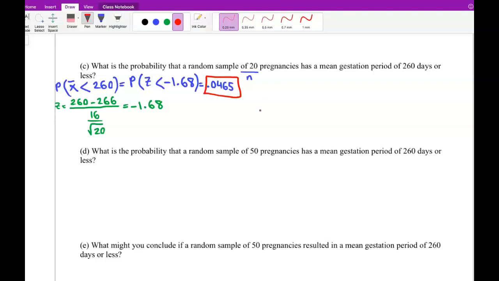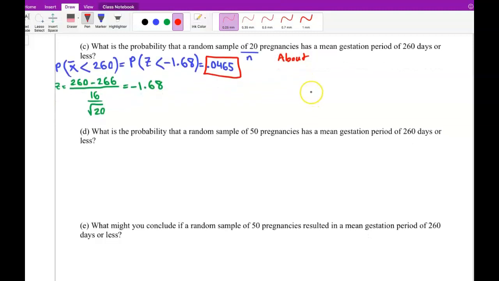Okay, it didn't ask us to interpret this one, but let's interpret based on what we got here. About 46.5, and that is based on 1000.